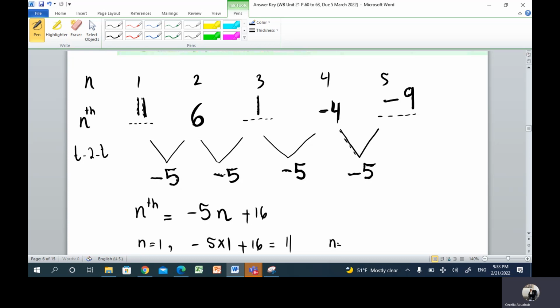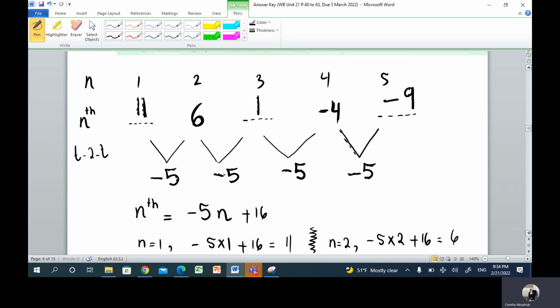If n is equal to 2, so -5 times 2 plus 16. -5 times 2 is -10, plus 16, the answer will be 6, which is 6, right?